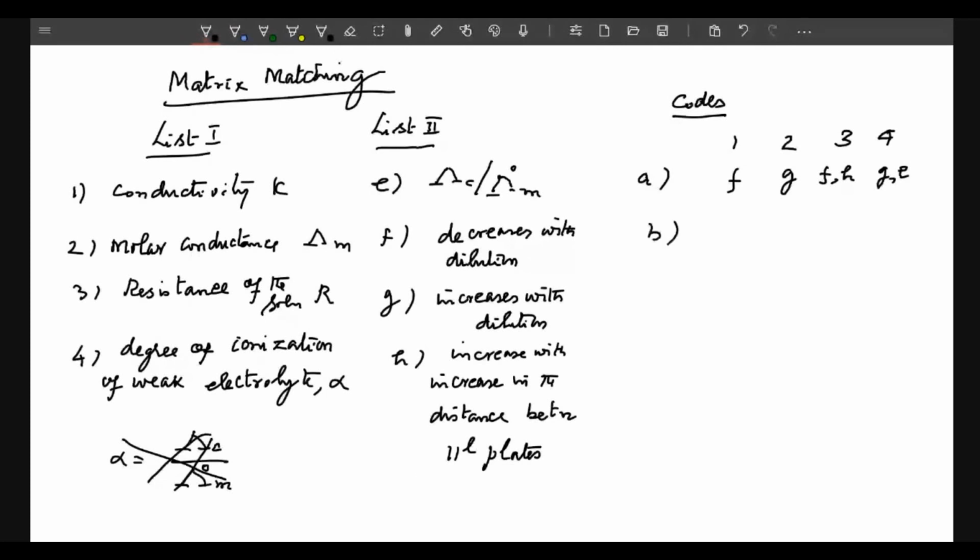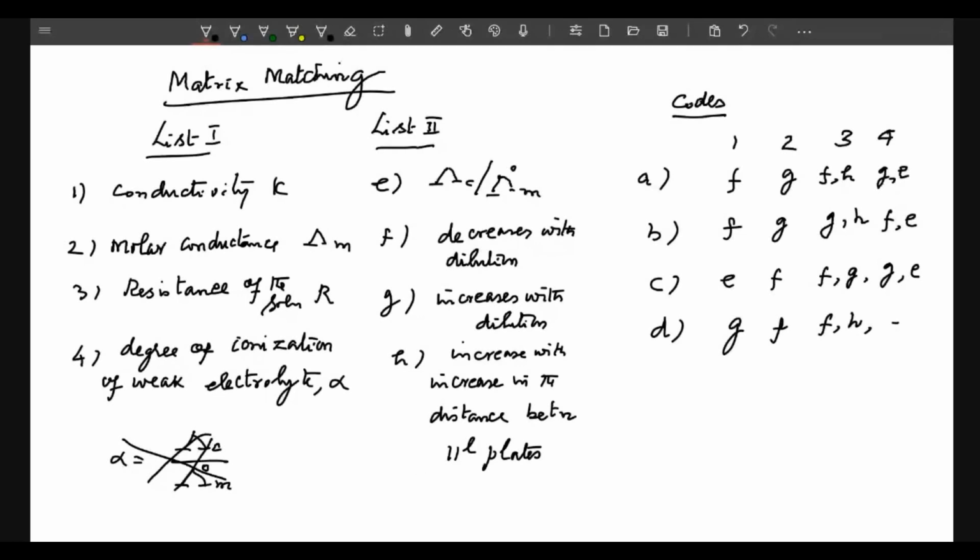B: F, G, G, H, and F, E. C option: E, F, F and G, G and E. D option: G, F, F and H, and E, G, E. Here the third and fourth are having two correct answers. This type is called the multiple response or the matrix matching.